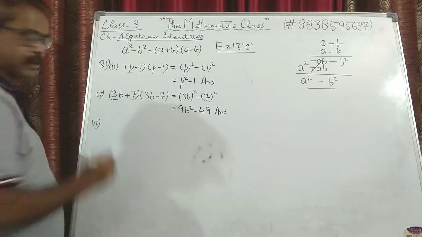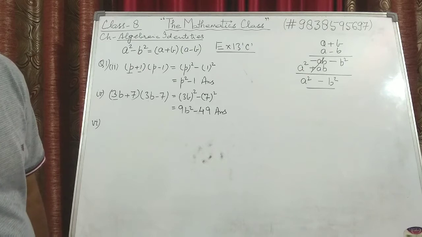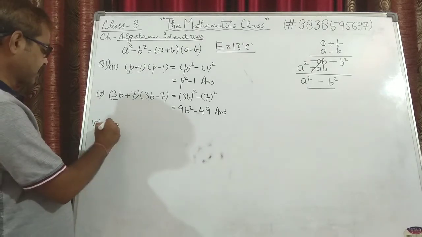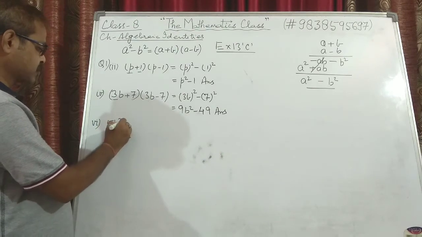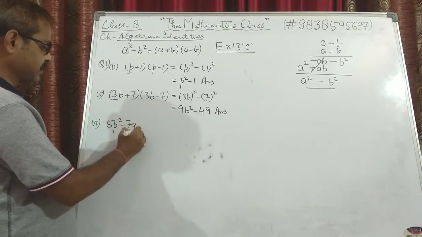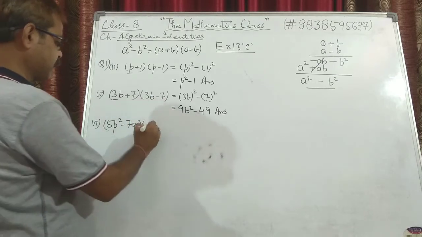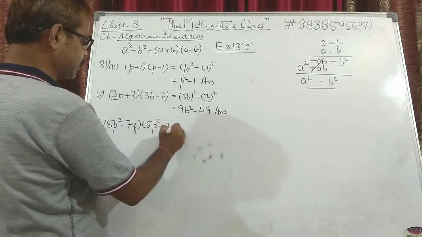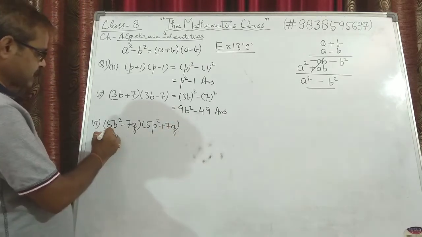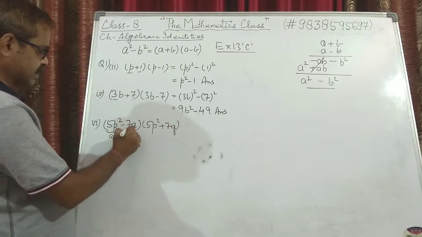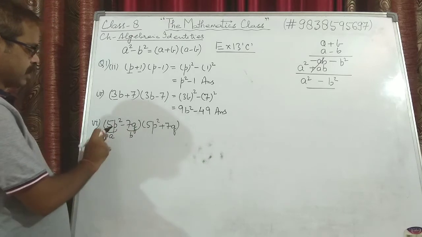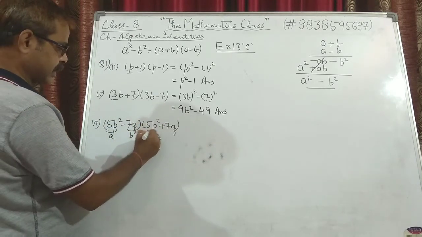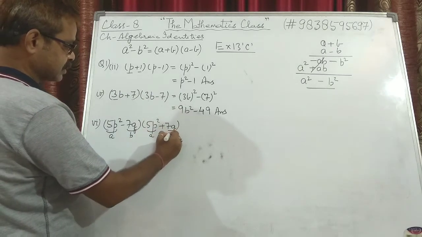Now the sixth part. The sixth part is 5p square minus 7q cube, multiplied by 5p square plus 7q cube. Now 5p square can be considered as a and 7q cube can be considered as b. So it is a minus b into a plus b. This is again considered as a, this is considered as b.